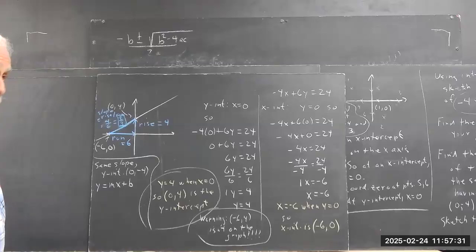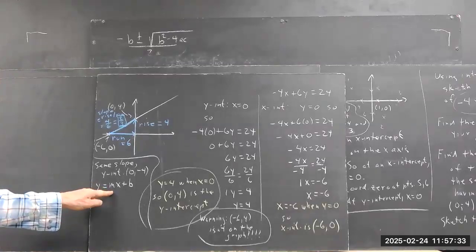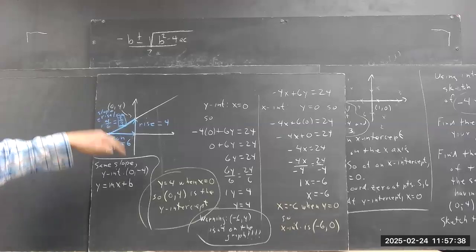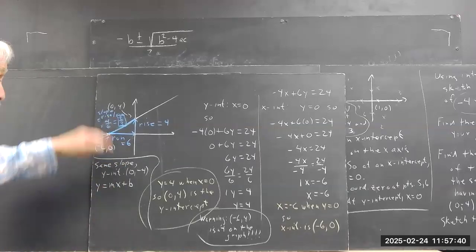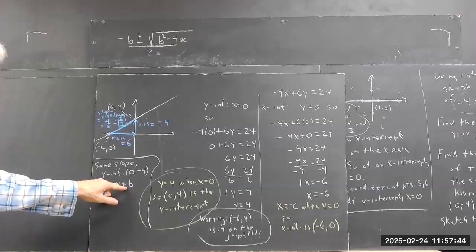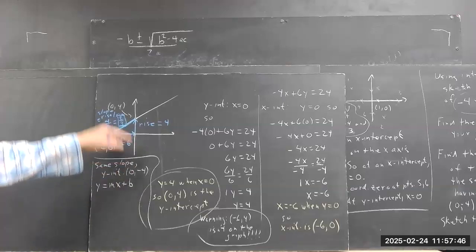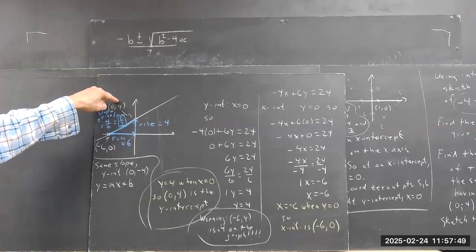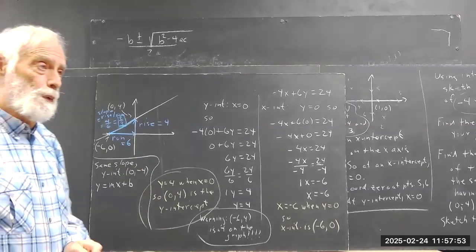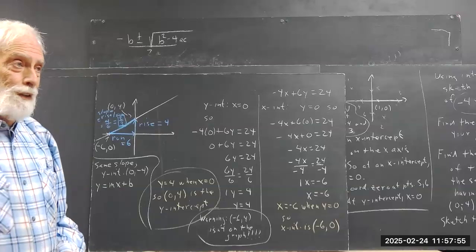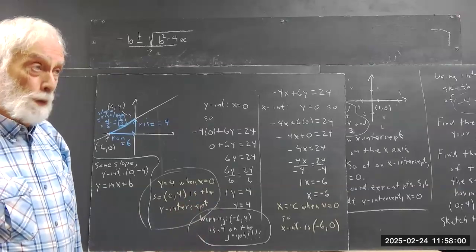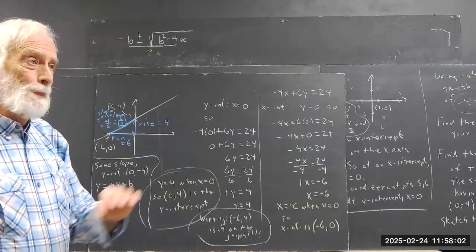Y equals mx plus b. What's m stand for? Stands for the slope, right? So once you found the slope, you know what to put in front of x. What's b? It's the y-intercept, which is -4. Okay, you don't put 0, -4 here. There's a little ambiguity in the way the y-intercept is given. They'll say the y-intercept is 0, -4, but sometimes they'll just say the y-intercept is -4. It's ambiguous.